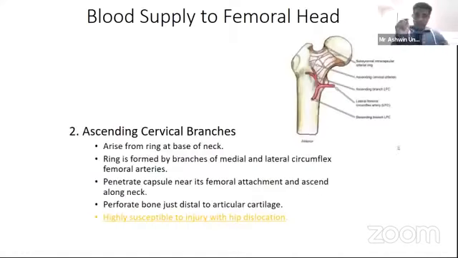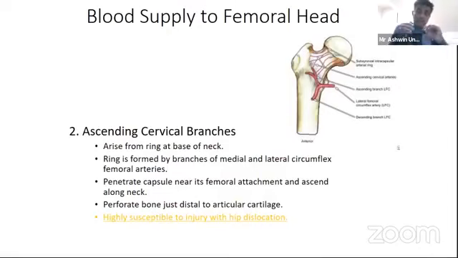Now, one thing which is quite important to understand is the blood supply of the femoral head from the ascending cervical branch, which penetrates the capsule near the femoral attachment and ascends along the neck. This perforating branch is highly susceptible when you have a hip dislocation.